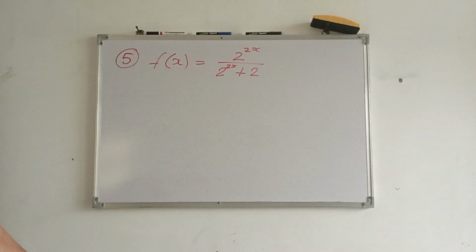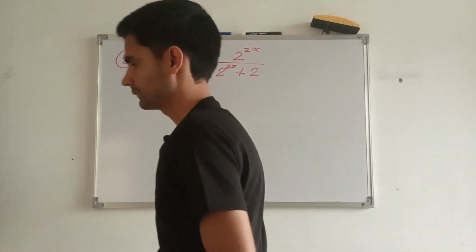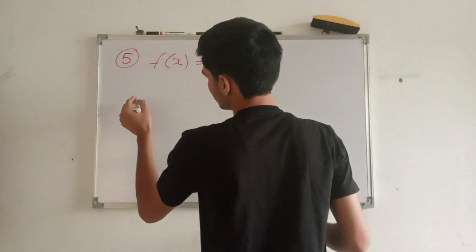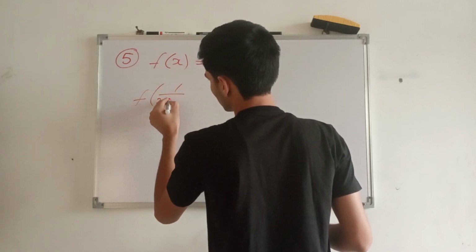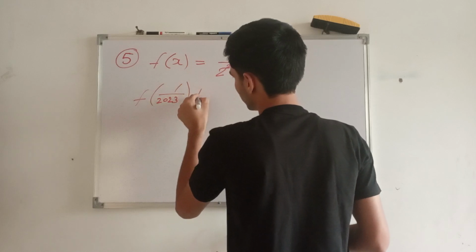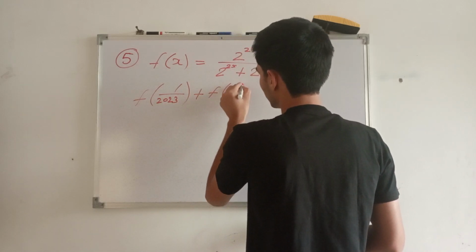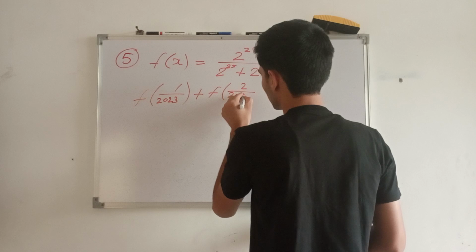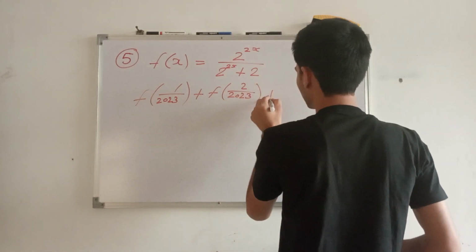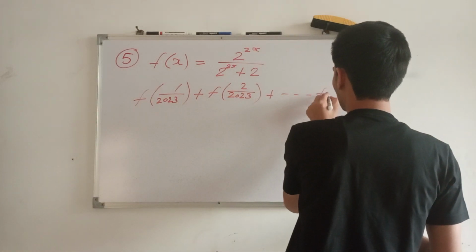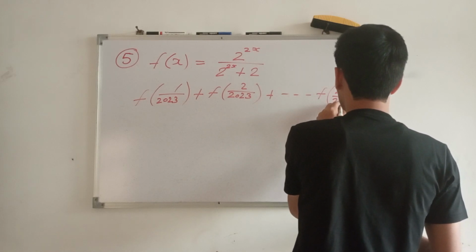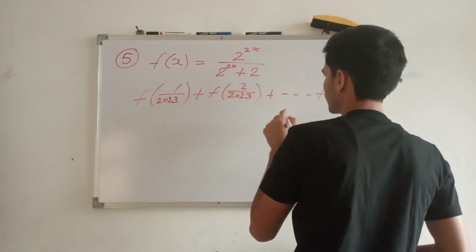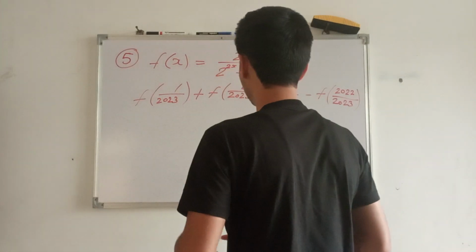Then what we need to find is f of 1 by 2023 plus f of 2 by 2023 and continue till f of 2022 by 2023. We need to find the sum of these terms, right?